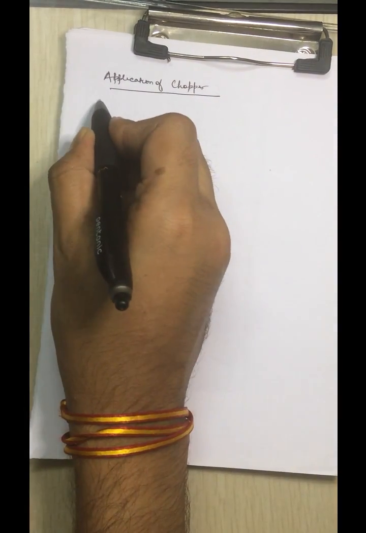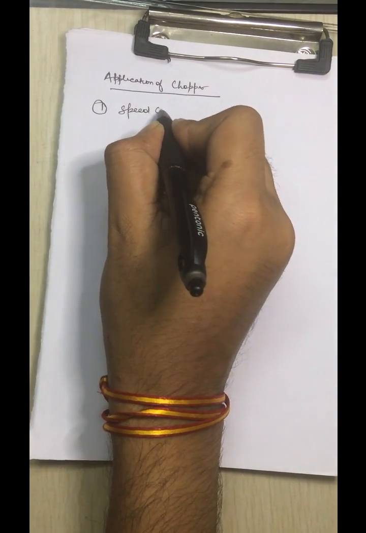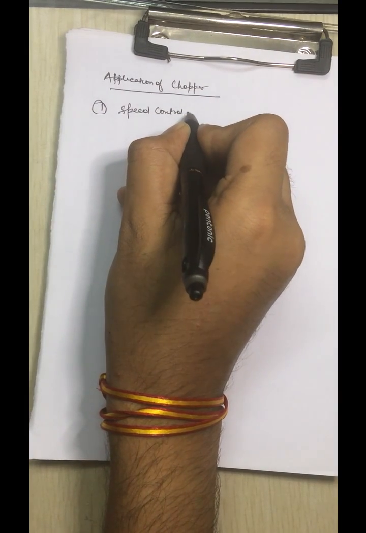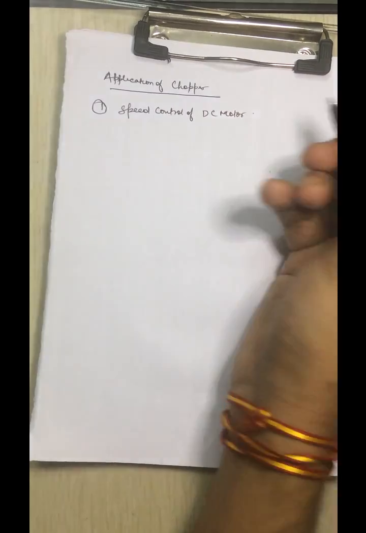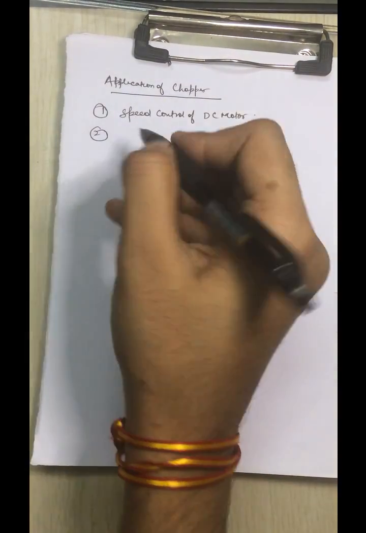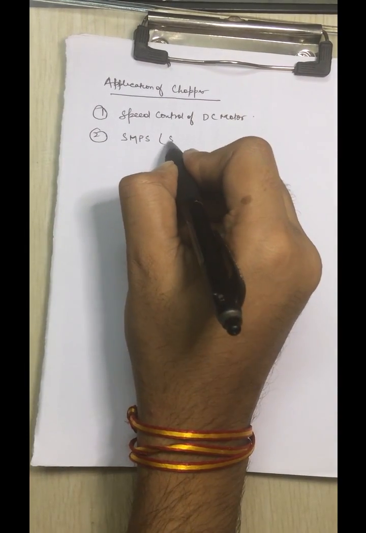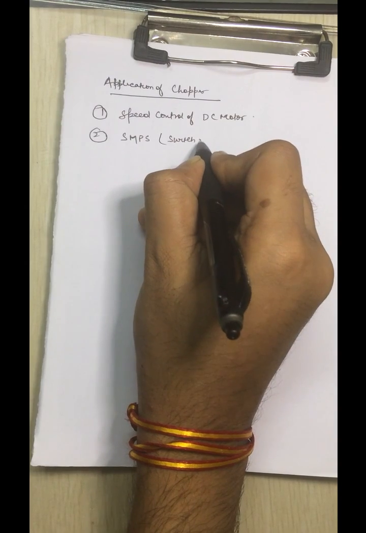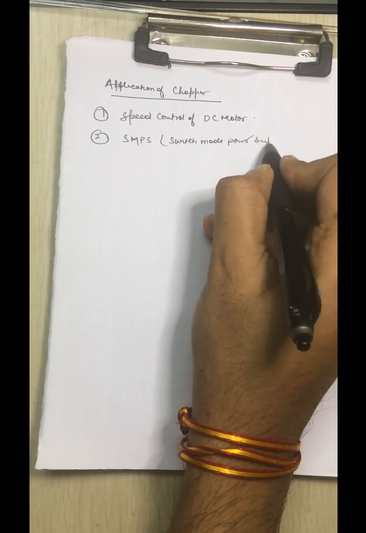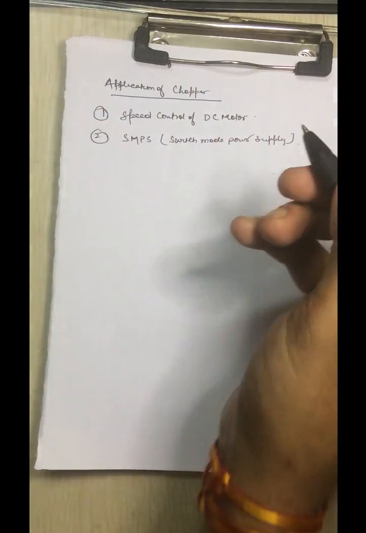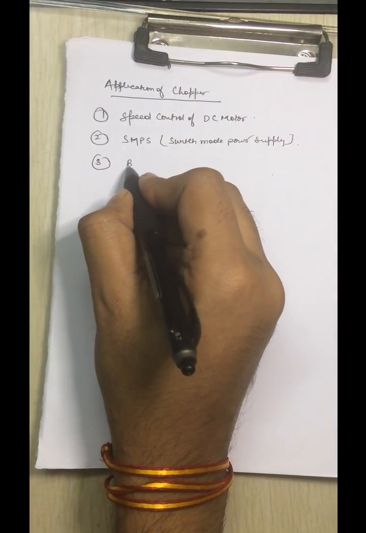Number one is speed control of DC motor. Second one is SMPS. SMPS is just a switch mode power supply. Third one is battery operated car.